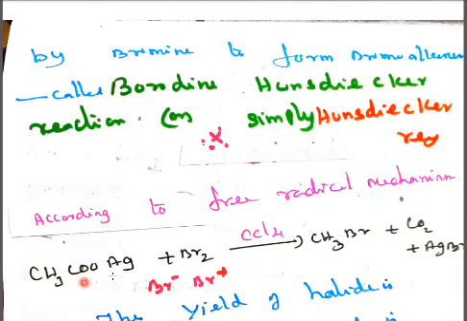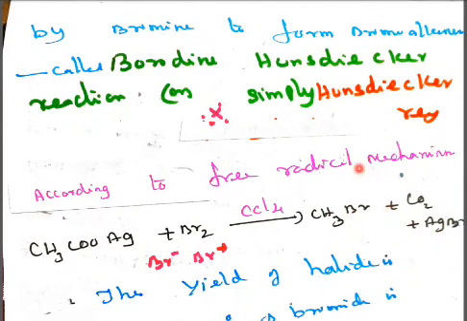So silver acetate with bromine gives Br minus and Br plus. CO2 will be released and AgBr will be released, and bromine will be attached to the CH3. So we get CH3Br, CO2 and AgBr. The Hunsdiecker reaction is the preparation of alkyl bromide.